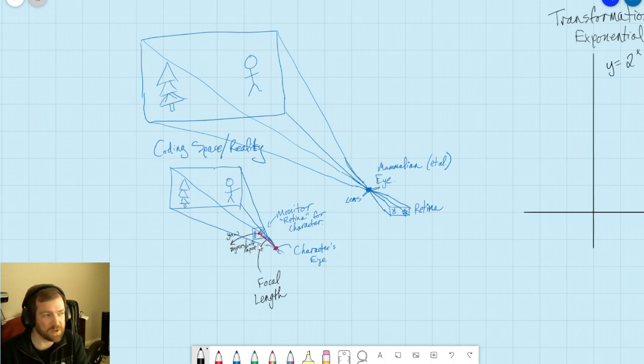I'm guessing pitch is also going to be the exact same thing, but up and down. Yeah, I guess.